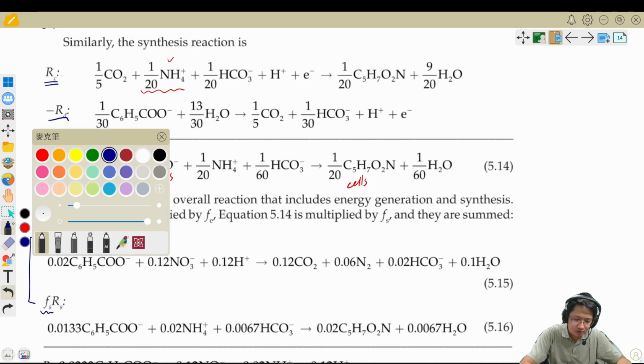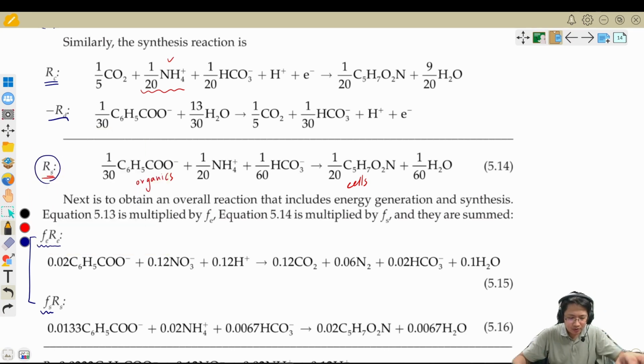Here we forgot to tell you guys about the assumption for Fe and also for Fs.